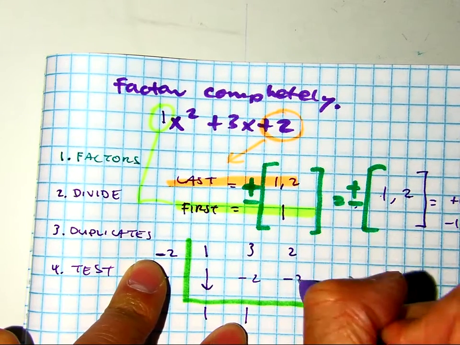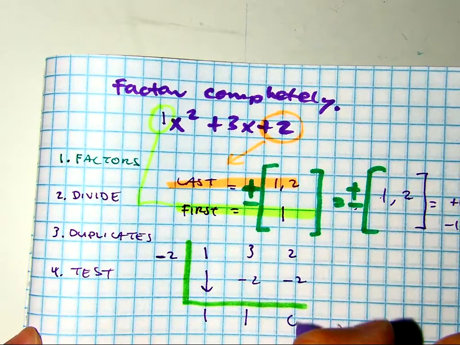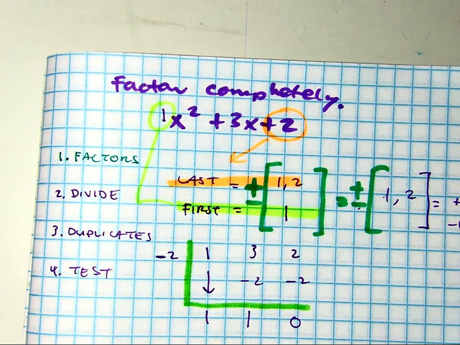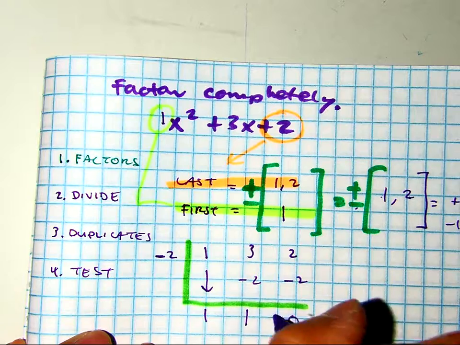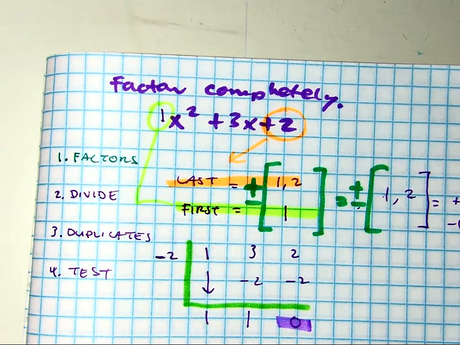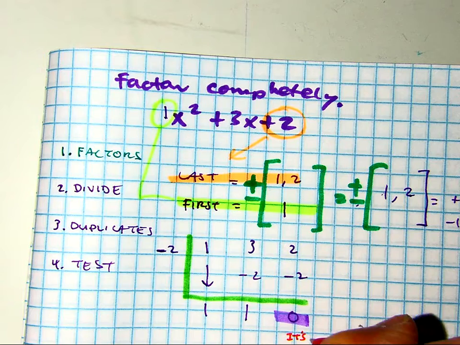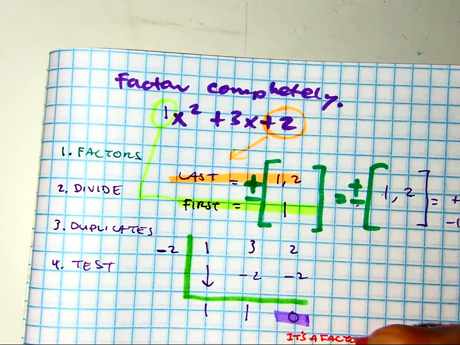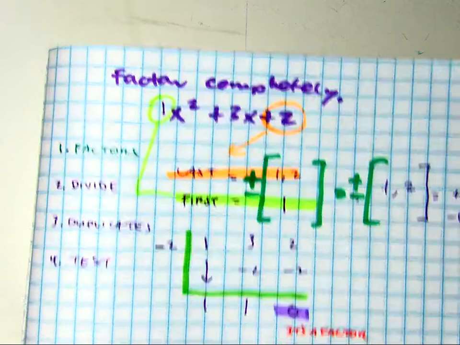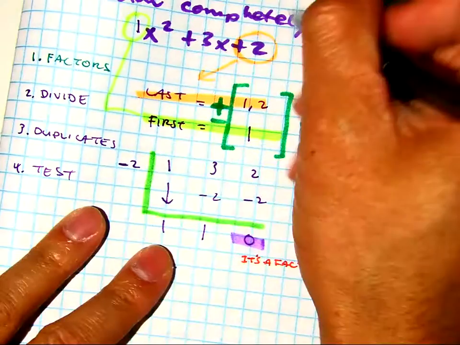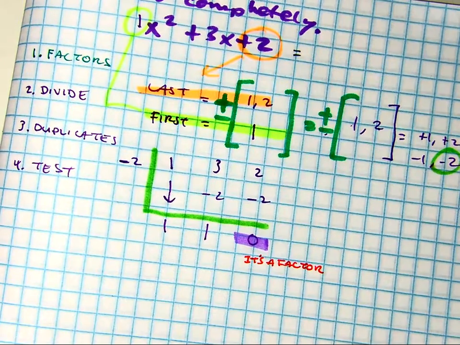What does this mean? It means, because it's 0, someone already pointed out, it's a factor. It means that this polynomial has one of the binomials.